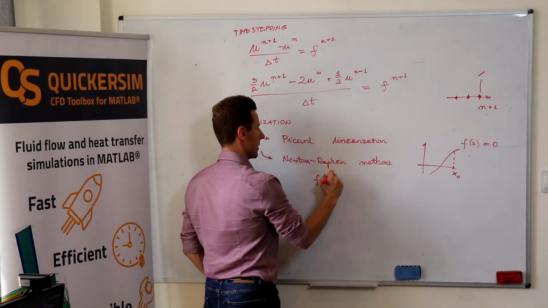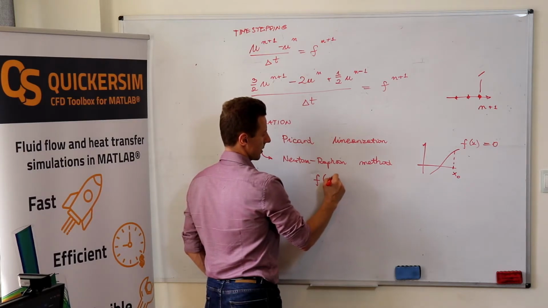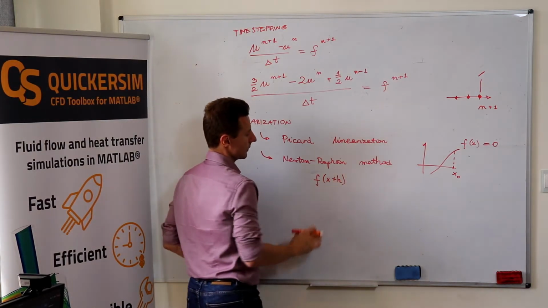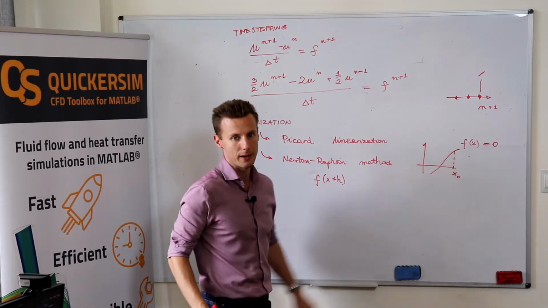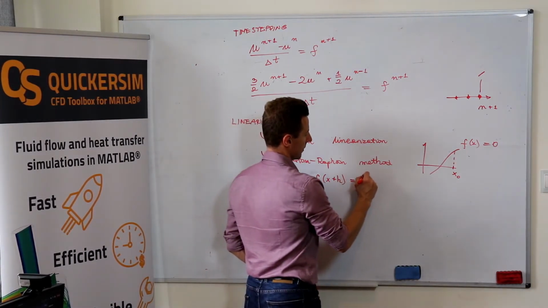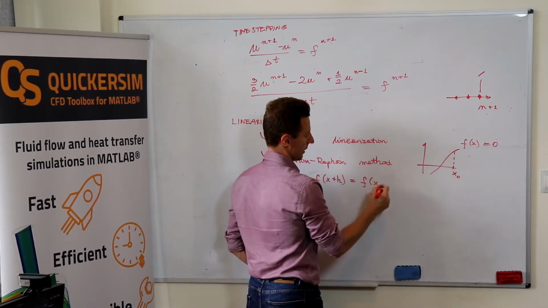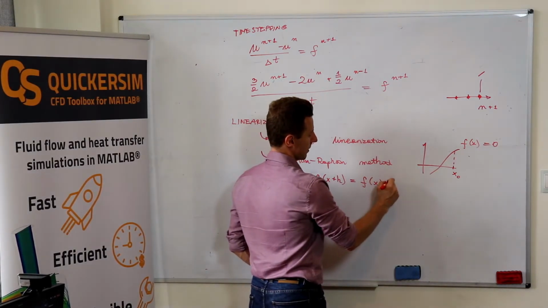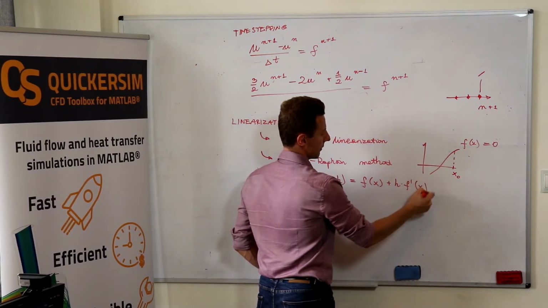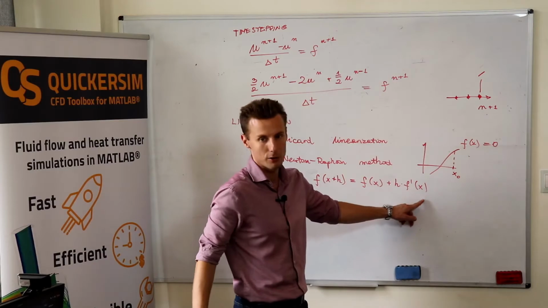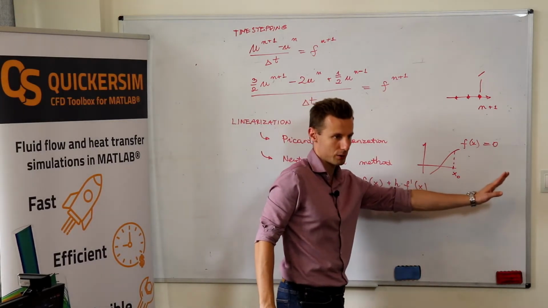It takes the Taylor series expansion, saying that f(x + h) can be calculated as f(x) plus h times the first derivative calculated at my current location, plus all the other terms.